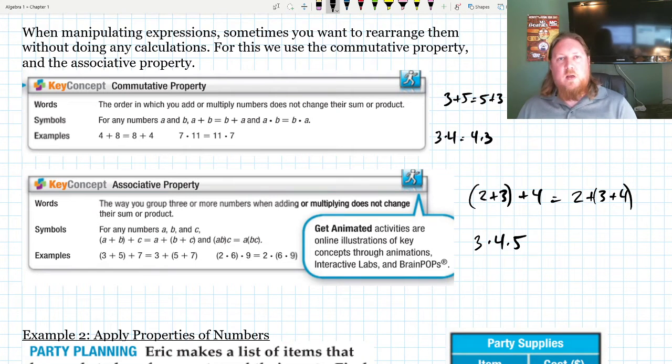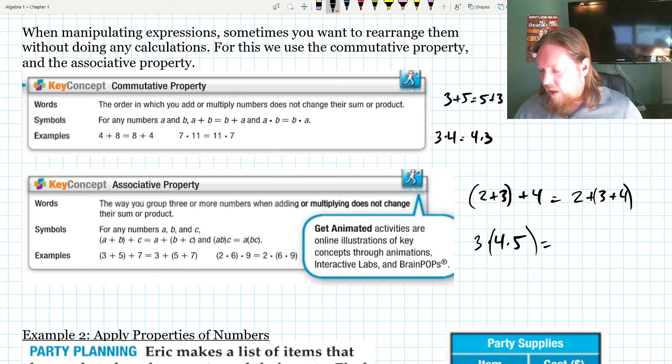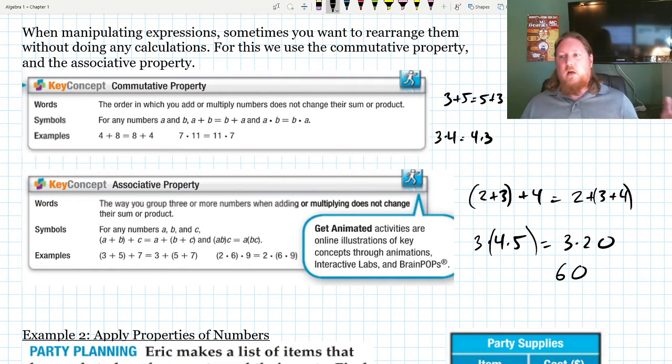Now, when I'm looking at this problem, I'd like to multiply 4 times 5 together because it's 20, and 20 is an easy number to multiply by anything else, right? It's just one of those I have memorized super quick. So I'm going to choose to do 4 times 5 first. And now I have 3 times 20. Well, I like multiplying by 20 because I can ignore that 0. 3 times 2 is 6. Stick that 0 back on there, and I've got 60. So that's what the associative property is all about.